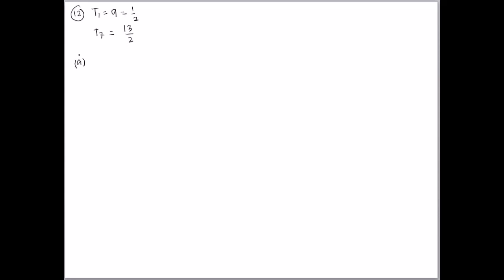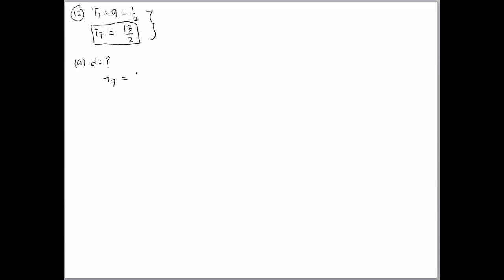A, find the value of d. Okay, we want to find d. Okay, let's use both of this information that we have. Starting from T7, T7 equals 13 over 2.